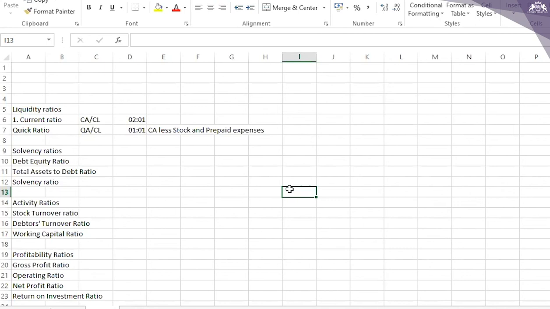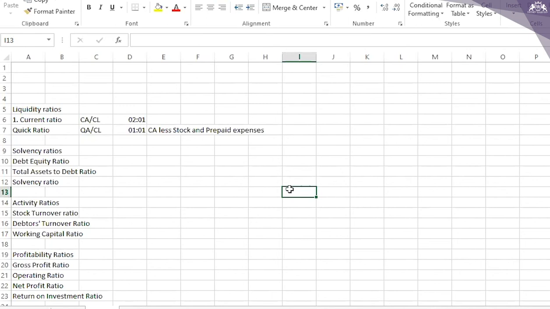Debt equity ratio, that is how much capital you have to cover your long-term debts. Higher the ratio, better it is. That means the shareholders' funds, the owners' funds are more than the debts taken from the outside. This ratio judges the long-term financial position of the company.